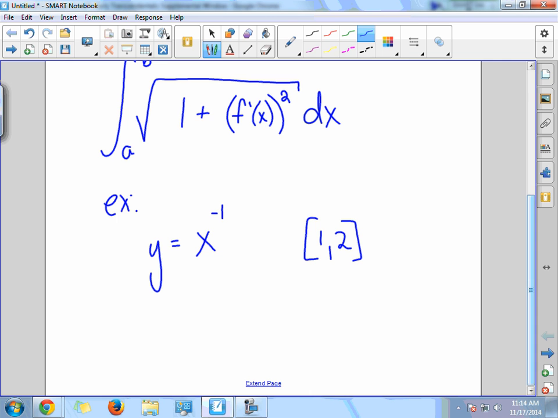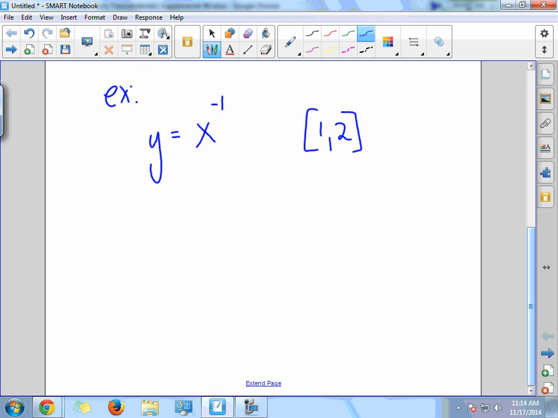If we take a look at the function, we first want to find its derivative, because we have to take the derivative and plug it into the formula. So y prime, this is x to the negative 1, so that's negative 1 times x to the negative 2, or negative 1 over x squared.